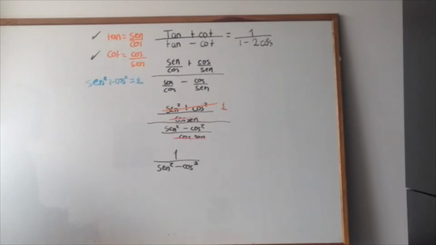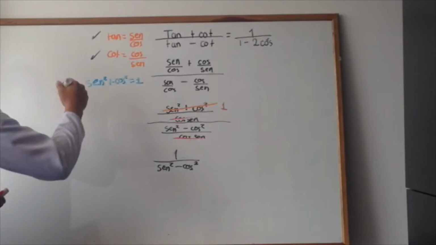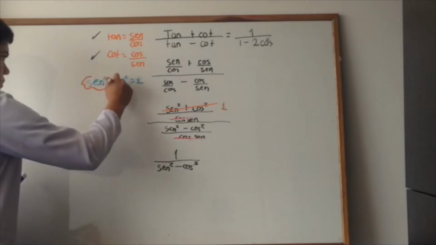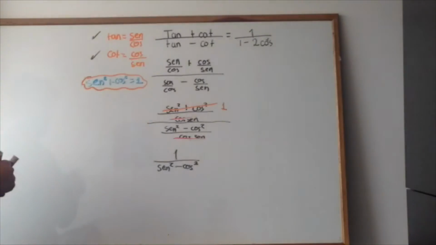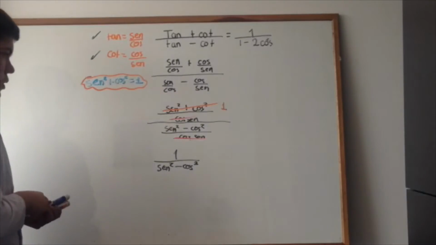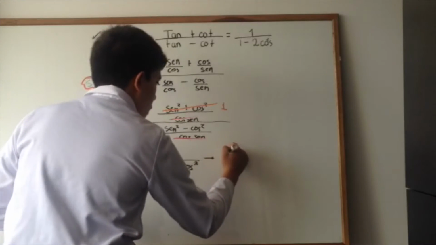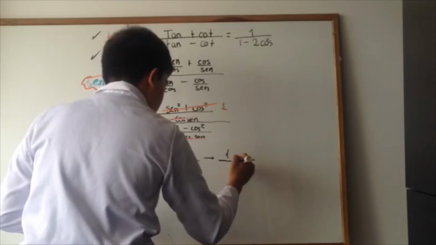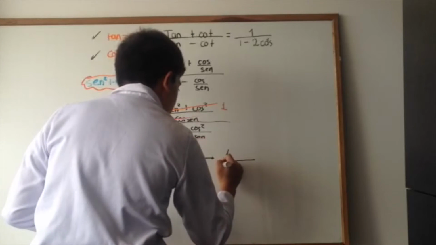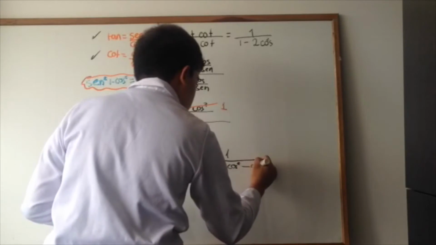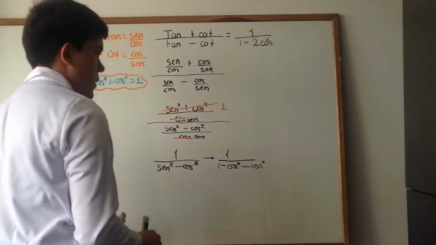So we use this identity again. Well, we have 1 divided by 1 minus cosine square minus cosine square.